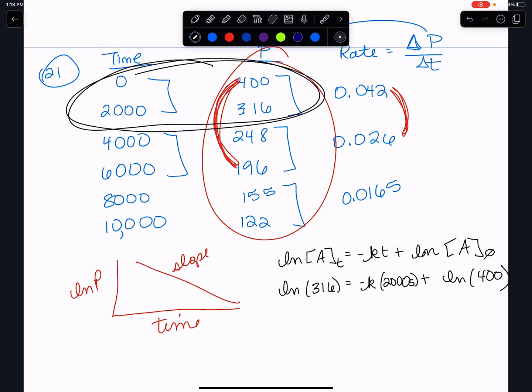And I'm going to solve for k. Natural log of 316. And for k, I get 1.18 times 10 to the minus 4 s to the minus 1. That's number 21.